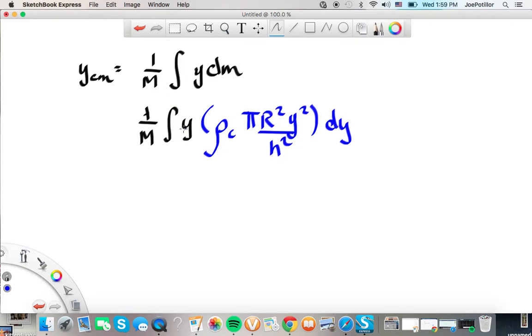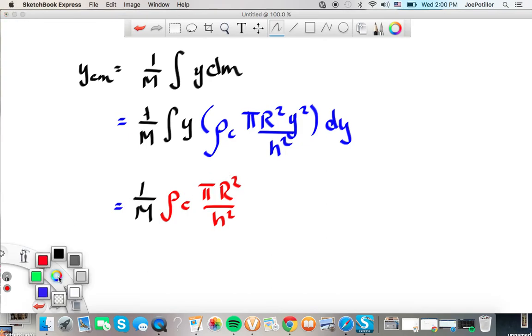So this becomes 1 over m, and then everything that comes out: density, pi r squared divided by h squared.